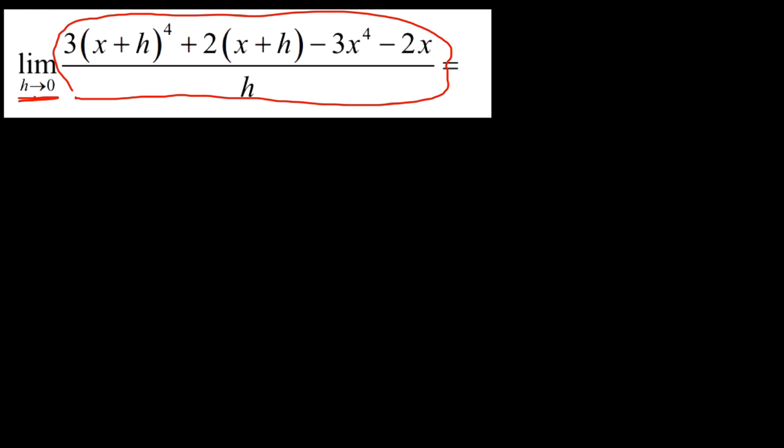Theoretically, we could raise it to the 4th power, expand it all out, combine like terms, and then find the limit by substituting 0 in. That is a very long process. What we want to do is recognize that this is simply the definition of a derivative.